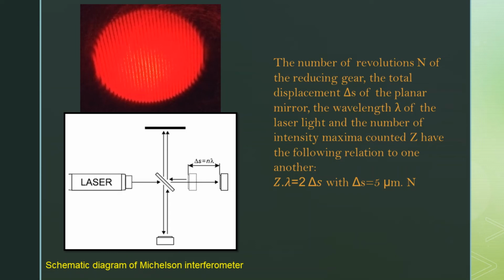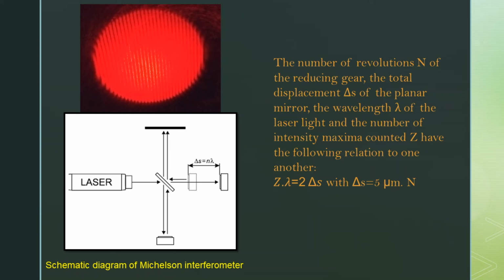From that mirror, the beam is reflected back to the beam divider, and it will be reflected again to the spherical lens. Through the spherical lens the beams are collected and will get interfered, and the interference pattern on the screen will look like this, as in this picture.